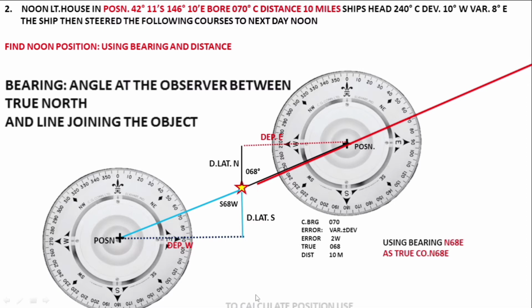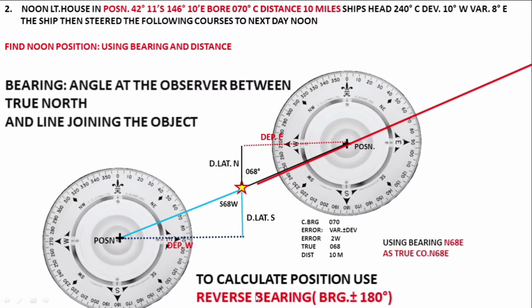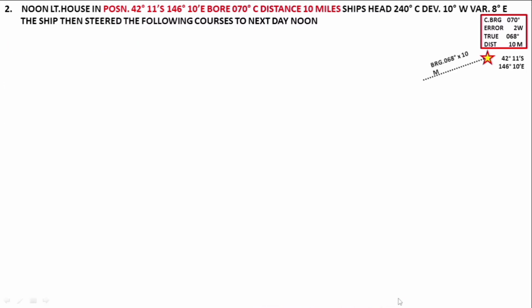So in these questions, when the bearing is given to you, you use the reverse bearing to calculate your d'lat and departure to obtain your position. This is important for you to remember: the bearing you always have to use is the reverse bearing, that is bearing 180 plus or minus.